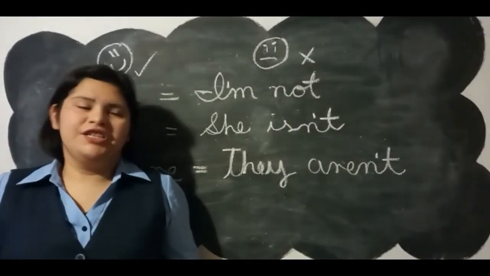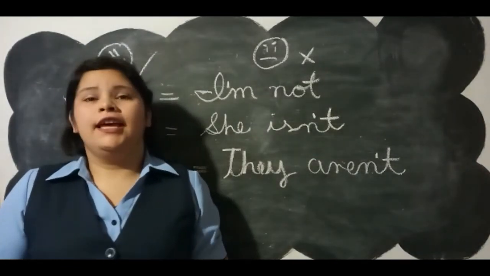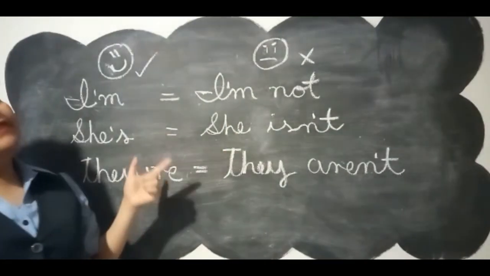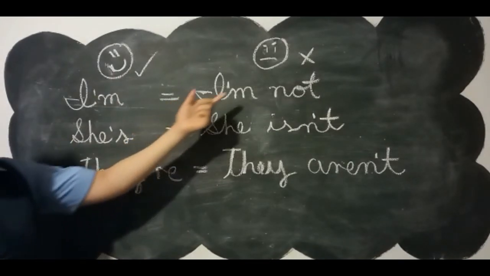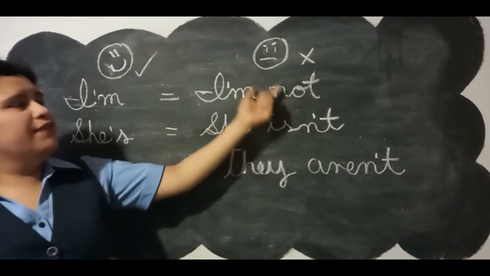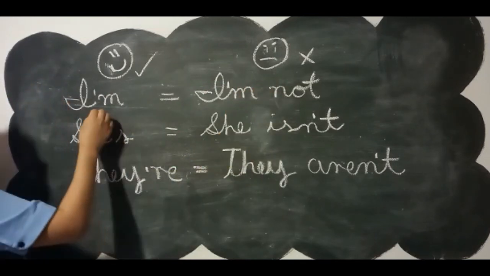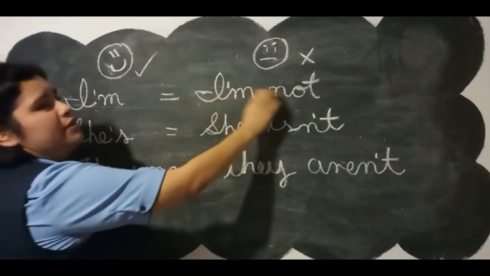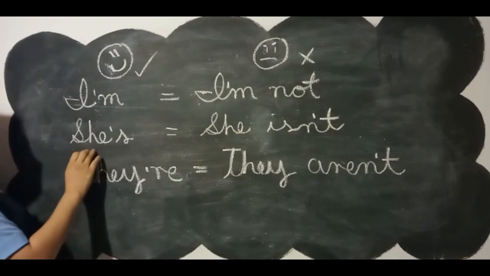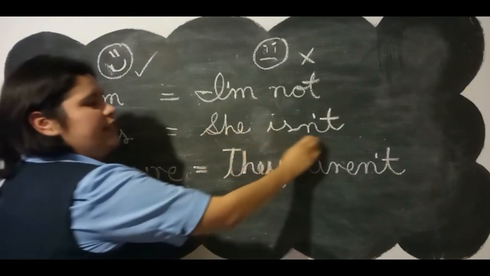To finish, I'm going to show you a summary of some contractions. On this side, I have the positive contractions or the normal ones, and on the other side, I have the negative contractions. So let's see. I'm in negative is I'm not. She's in negative is she isn't.